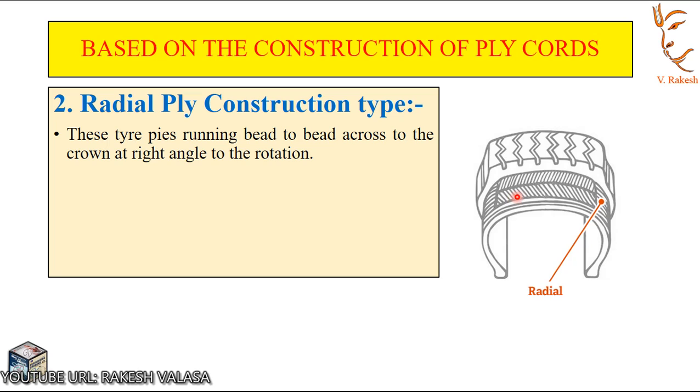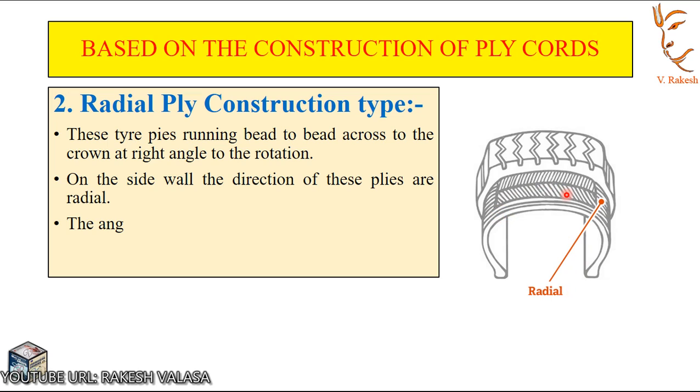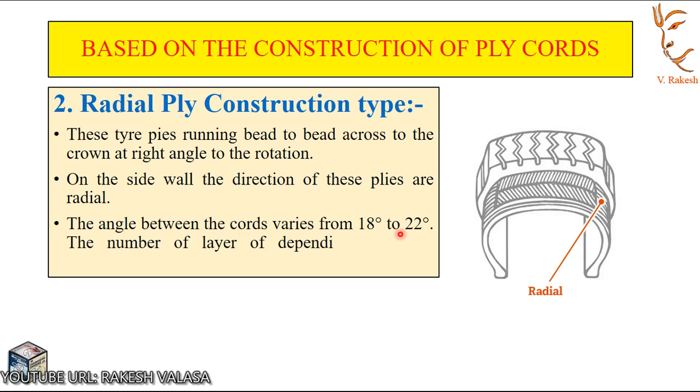These ply cords are parallel to the axial axis. On the side wall, the direction of these plies are radial. The angle between the cords varies from 18 degrees to 22 degrees. The number of layers depends upon the materials used.